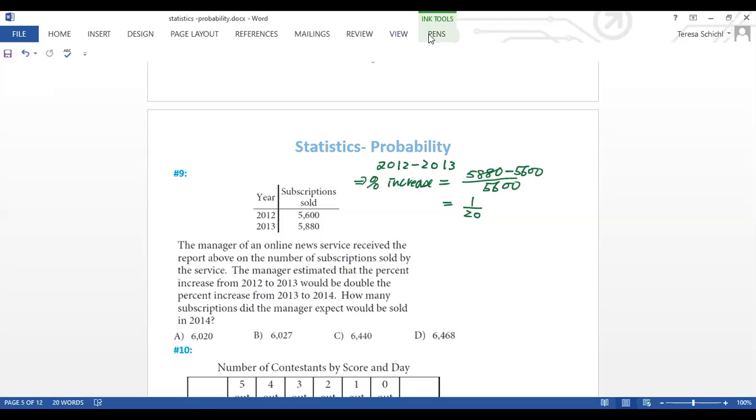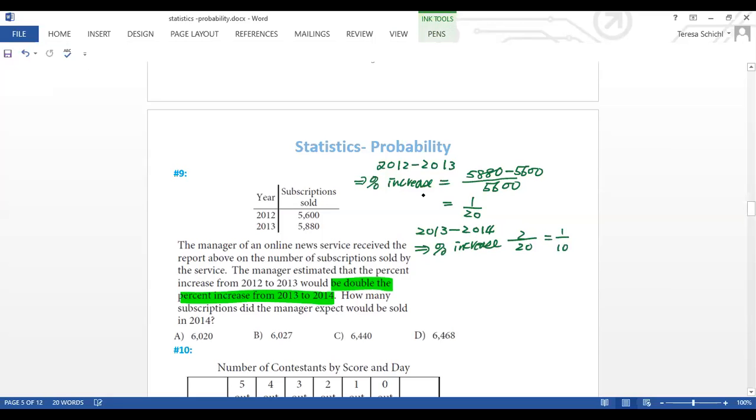And then it says the percent of increase from 2013 to 2014 is doubled, right? So what does that mean? What is the percent of increase from 2013 to 2014? It will be 2/20, it's a double, right? So it's really 1/10 here.